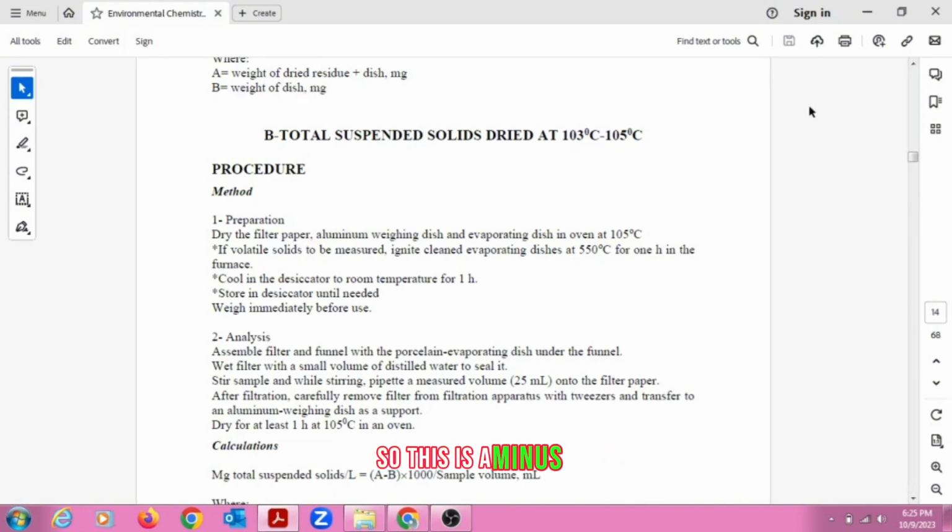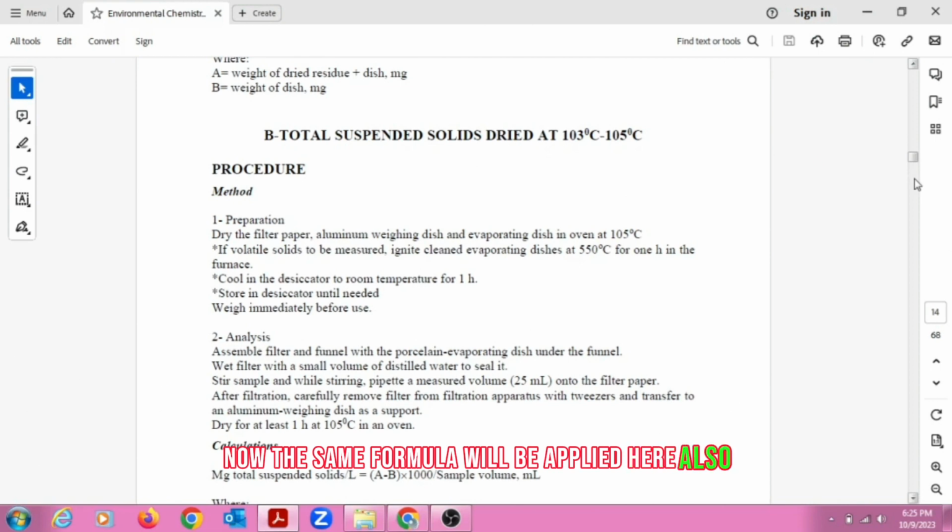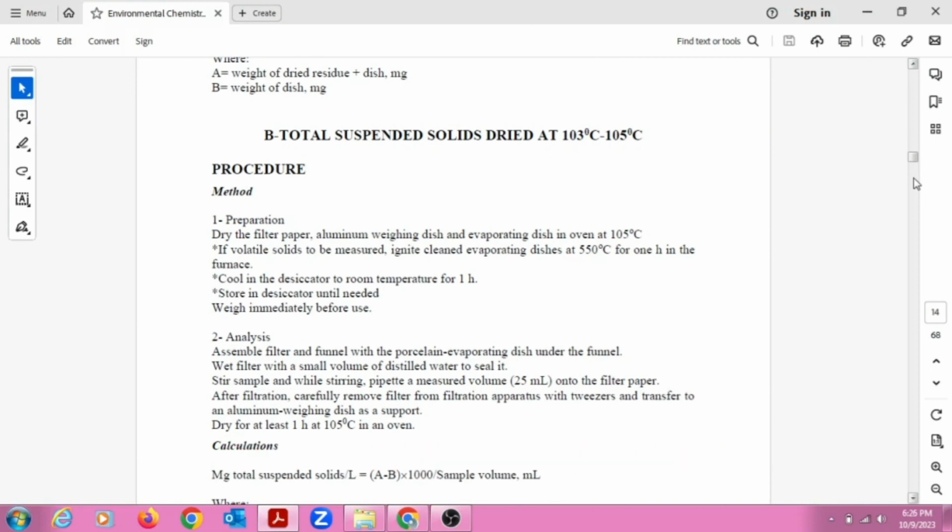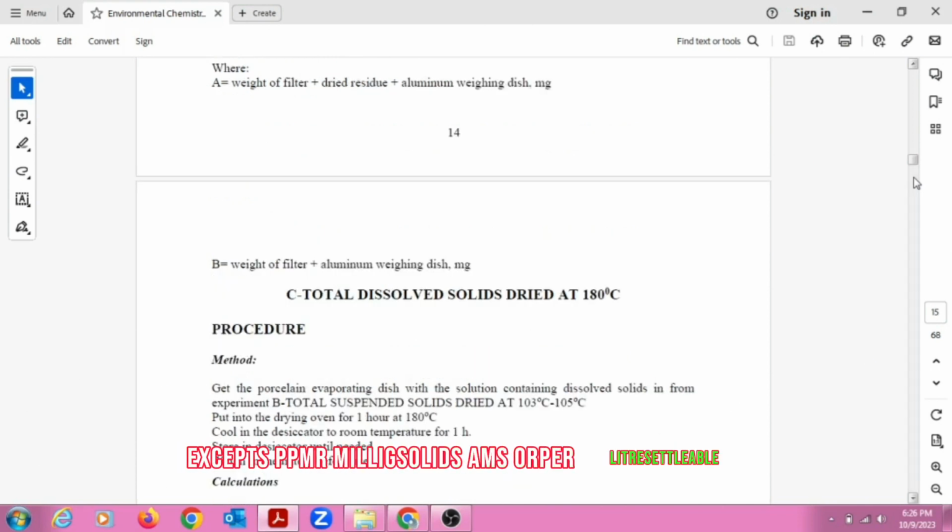So A is the final weight and B is the initial weight, or tare weight. The same formula applies to the other solids; the difference in the case of total solids is that you are using the whole sample, not filtering it. The unit for all solids except settleable solids is ppm or milligrams per liter.